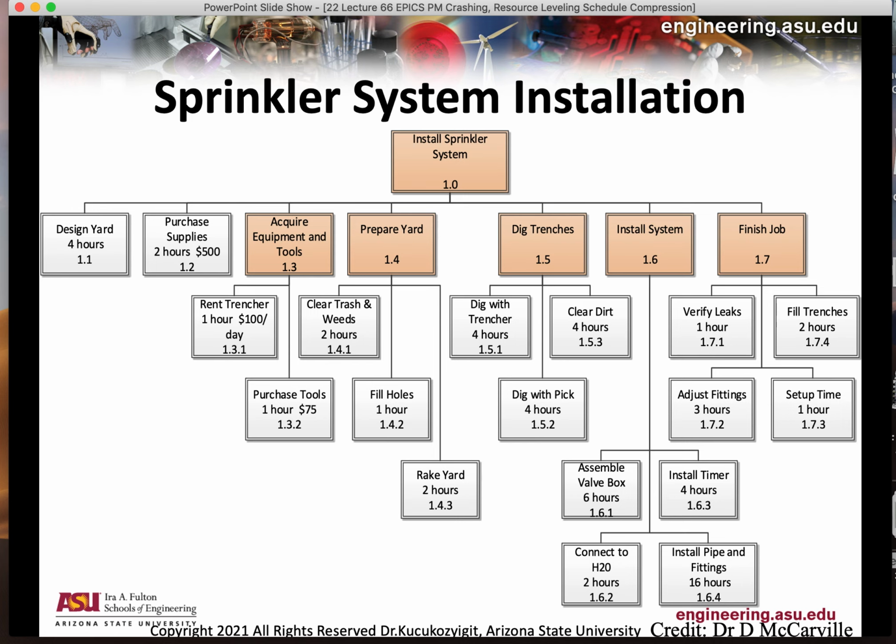That's basically time, because it says finish the job, and right before that you're installing the system, digging trenches, preparing the yard, and first acquiring the equipment. So it's kind of do this, do this, do this. The work breakdown structure here is actually a time phased one.